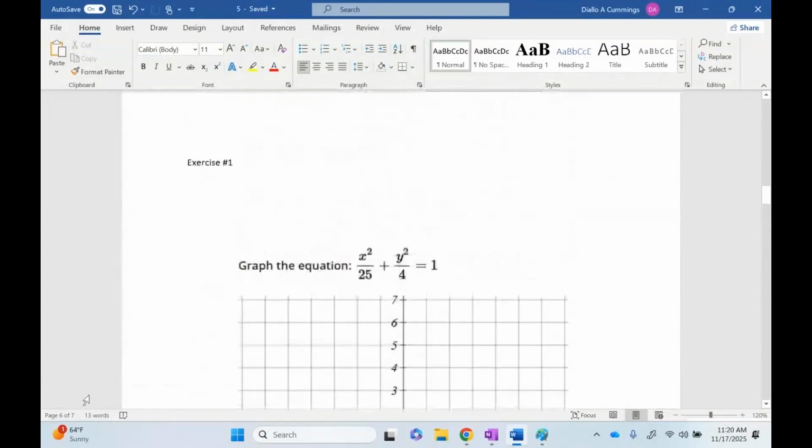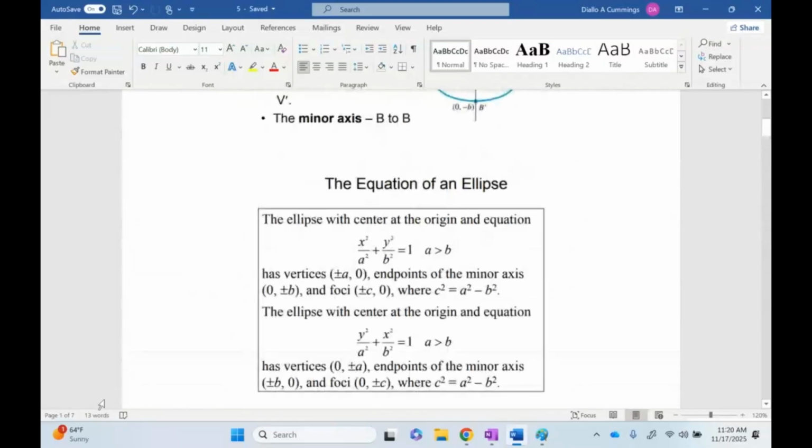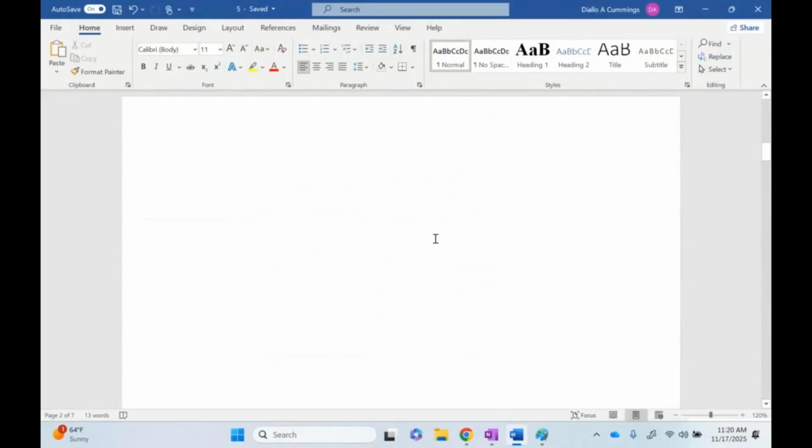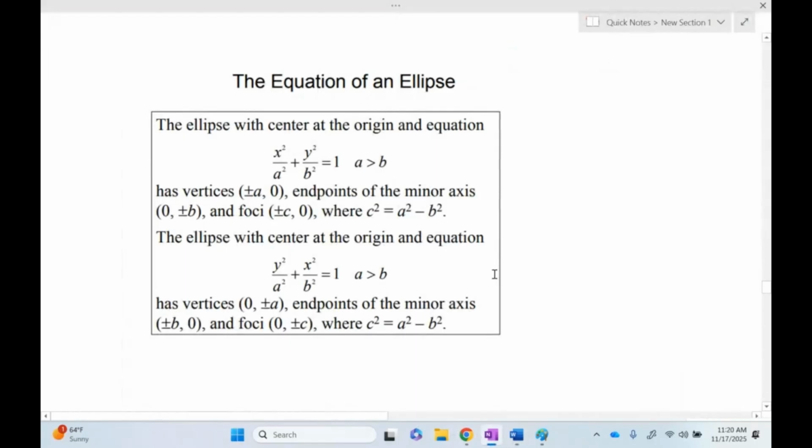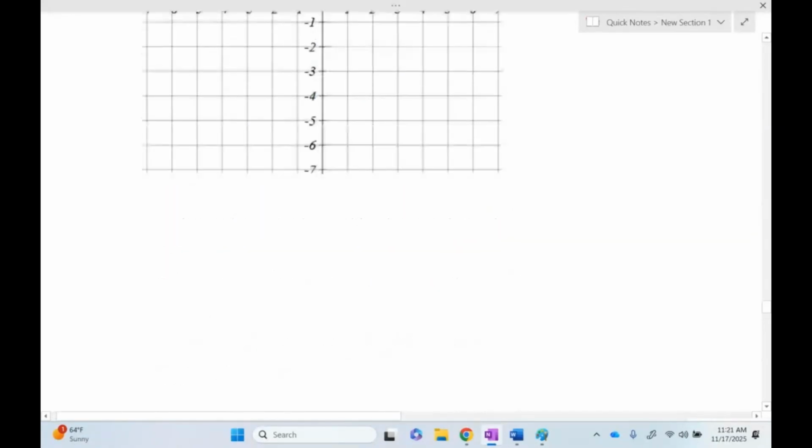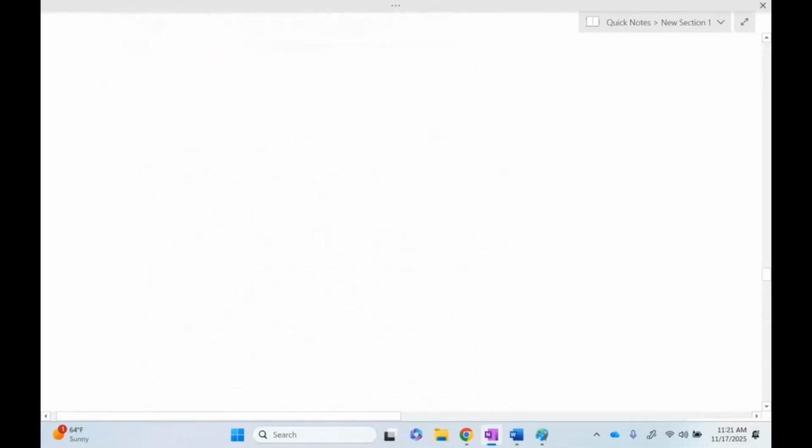All right, so on that little blank sheet that's included, we're going to just sketch out the ellipses. So here we have ellipses centered at the origin.